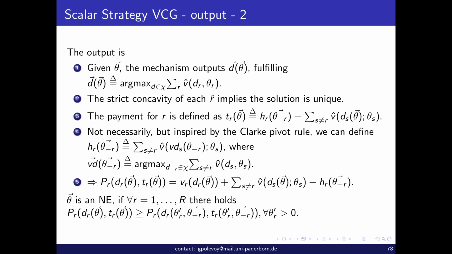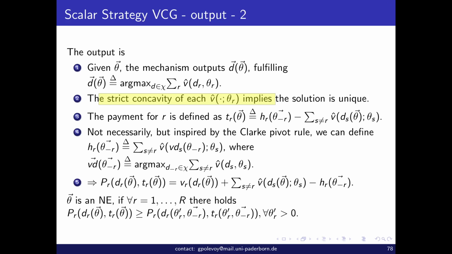Now, the output is G, which optimizes; strict concavity implies it's unique, for each head. The price is unique.